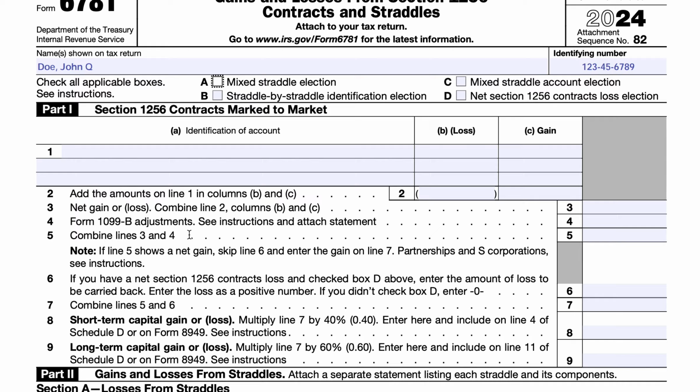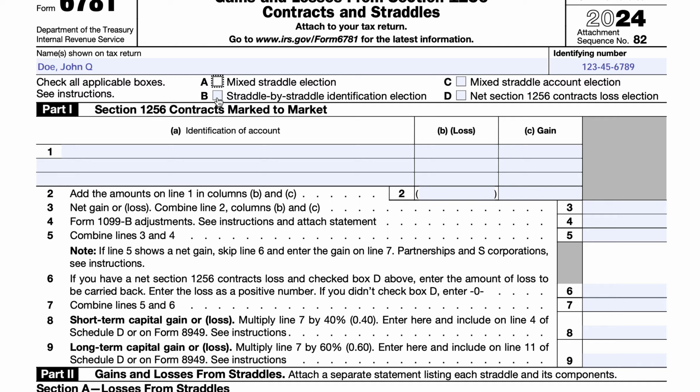So if you've previously made this election, or you're going to make this election, then any positions that you held on the day before that election are deemed to be sold at their fair market value at the close of the last business day. So each year that you hold positions subject to this election, you have to mark to market your Section 1256 contracts and then determine whether you have a net gain or a loss.